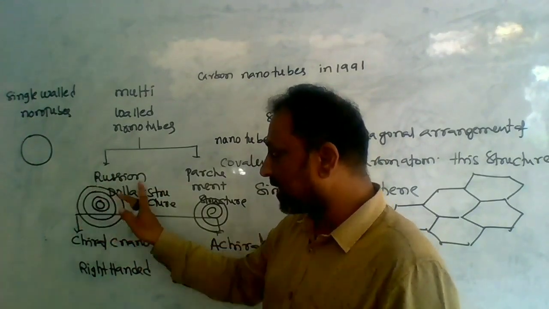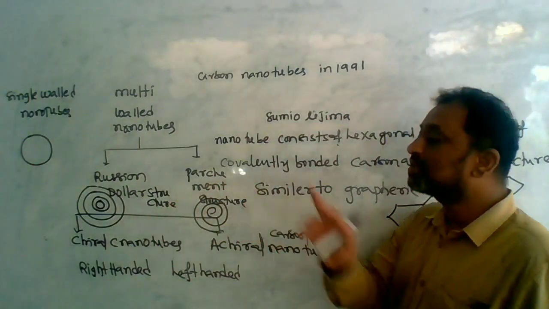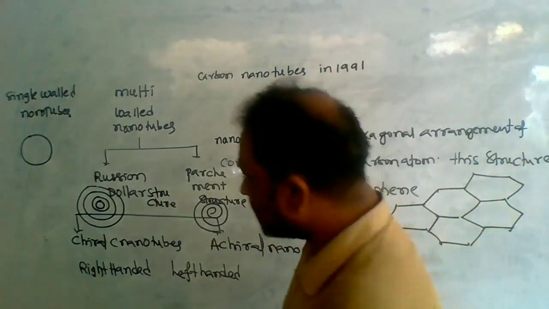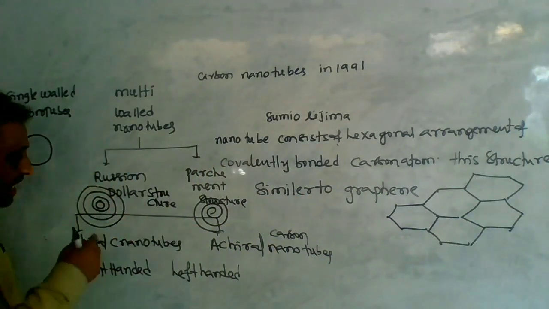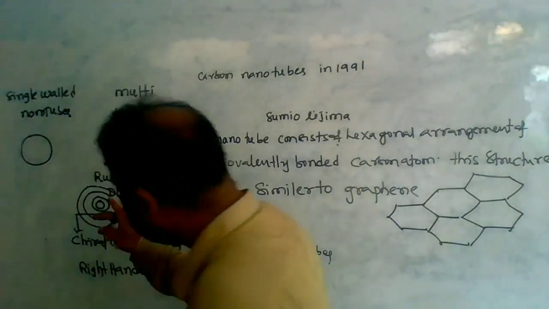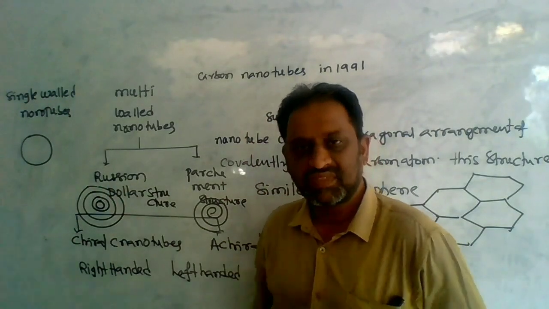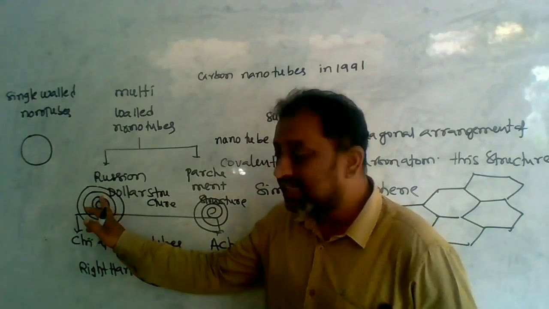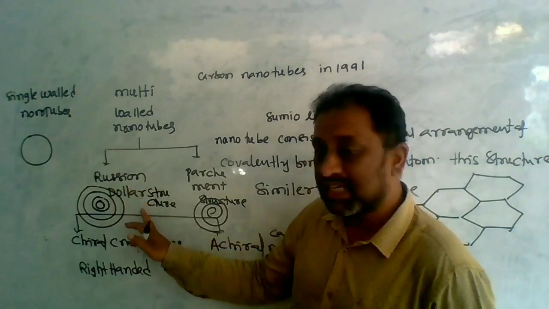First one is the Russian doll structure, and second one is the parchment structure. Russian doll structure means the nanotube consists of multiple layers, multiple graphene sheets, hexagonal crystal sheets.